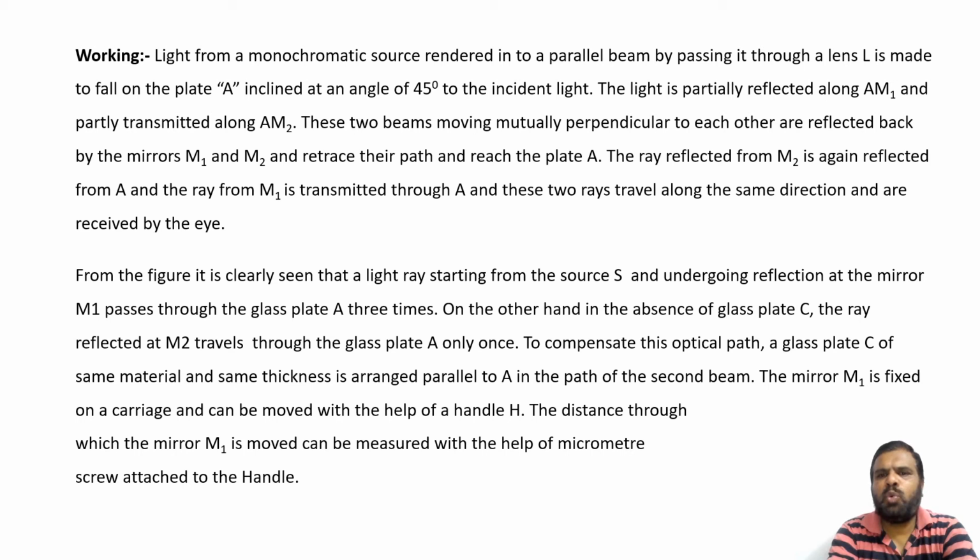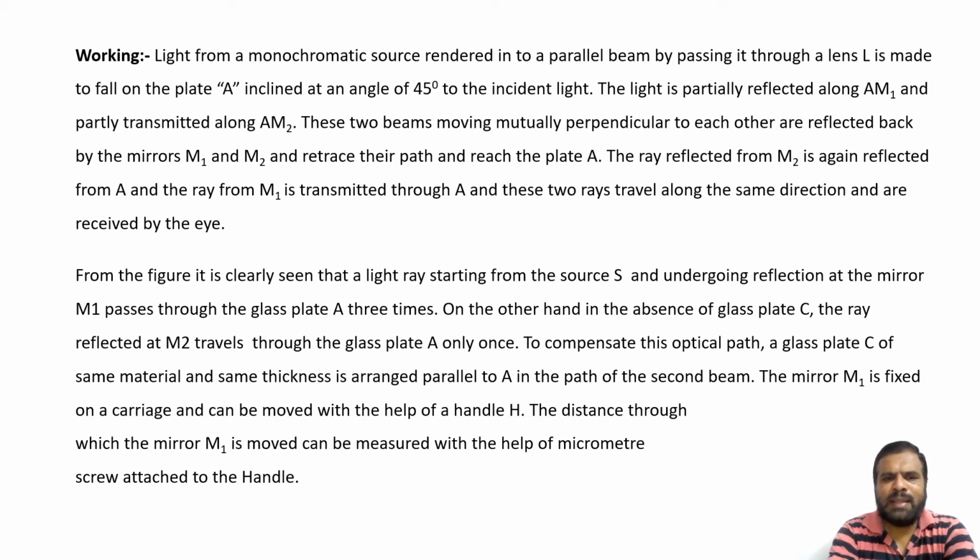These two beams, moving mutually perpendicular to each other, are reflected back by the mirrors M1 and M2 and retrace their paths and reach the plate A. The ray reflected from M2 is again reflected from A, and the ray from M1 is transmitted through A, and these two rays travel along the same direction and are received by the eye.